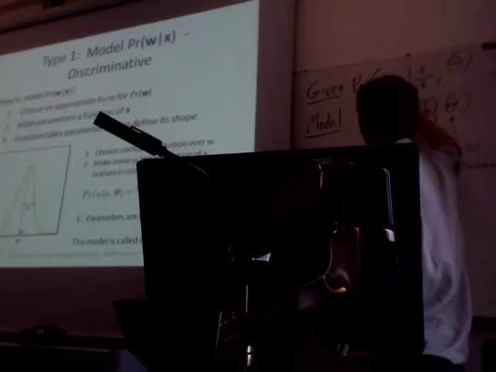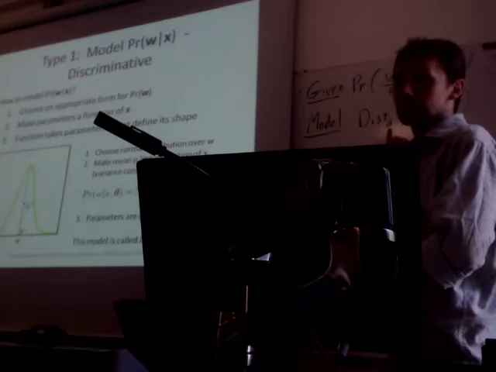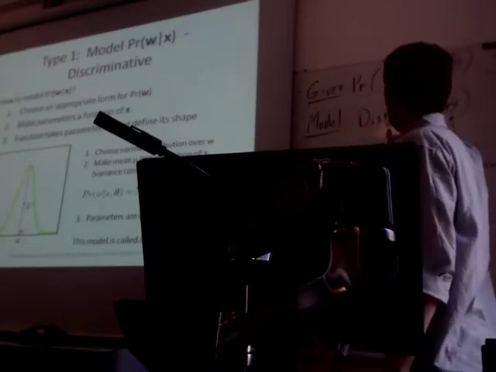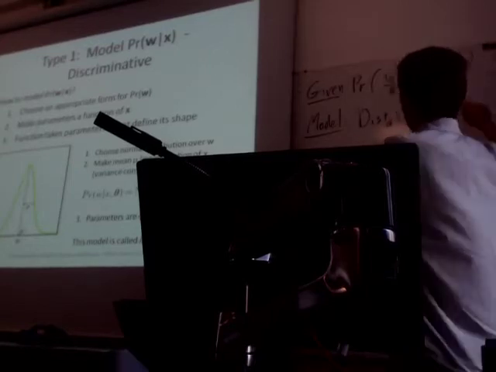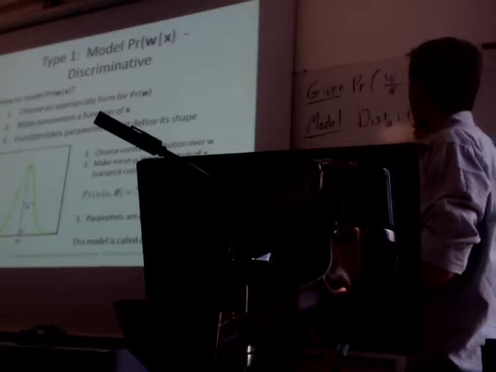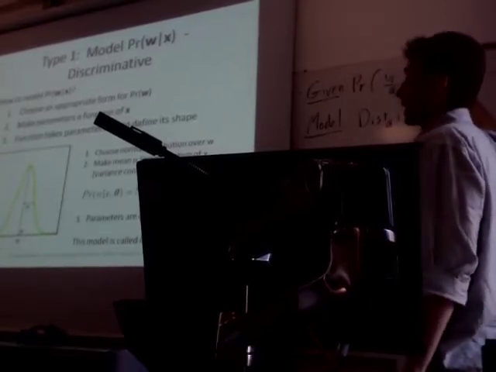And we're going to come up with a distribution on the world. In this case, we're saying the distribution is this normal distribution, which is going to take sort of 2 sets of parameters. It's going to take a function on the data, and it's going to take theta, these parameters.